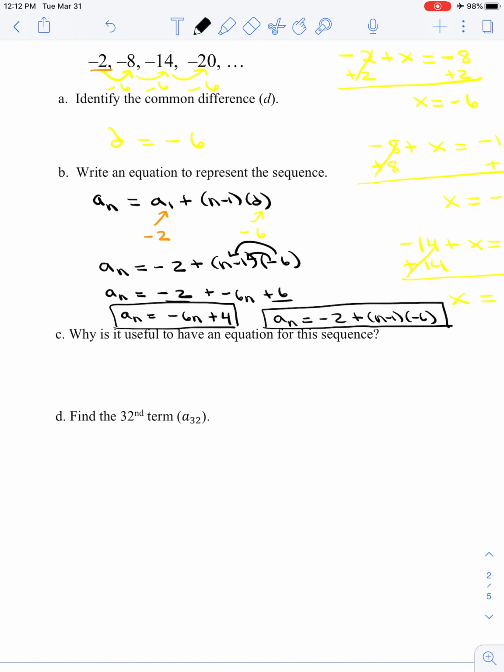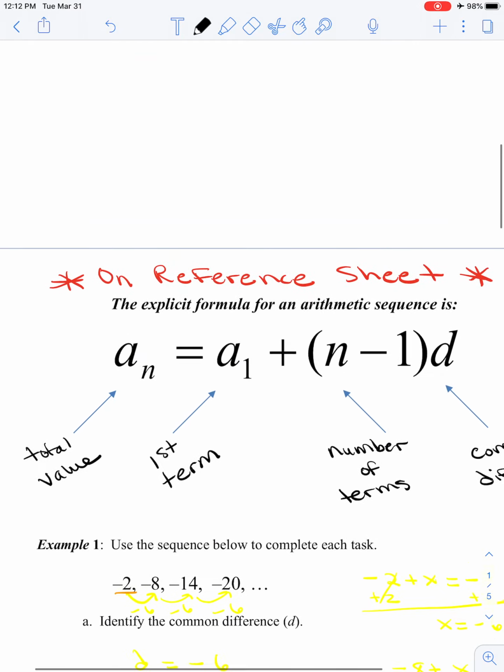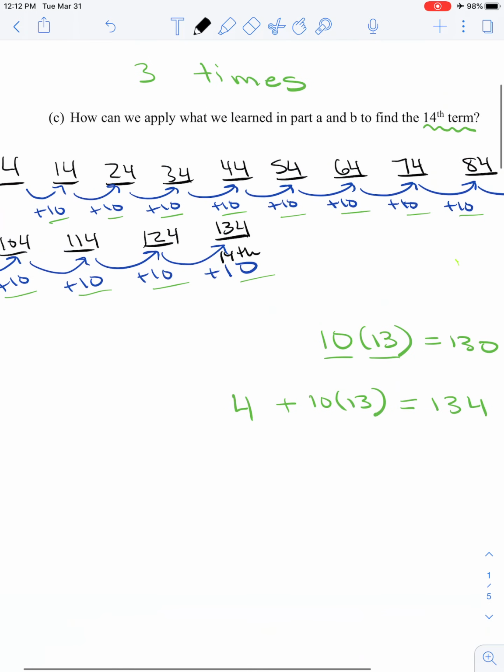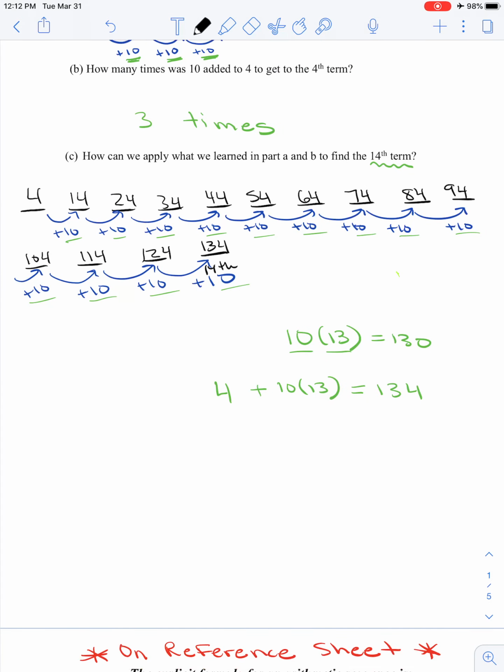Okay. Why is it useful to have an equation for the sequence? Well, let's go back to the do now for a second. When we wanted to find the 14th term, we started by listing out all the terms and counting up to the 14th term. We can do that for 14 terms because it's not that high. But let's say we wanted to find the 120th term. That would take forever.